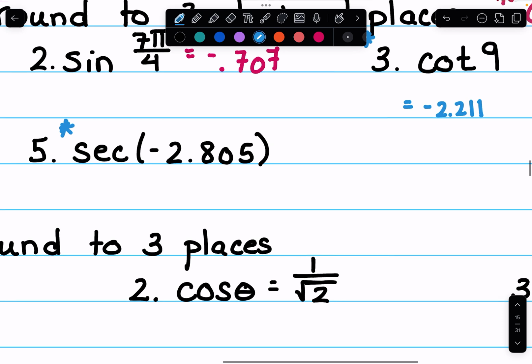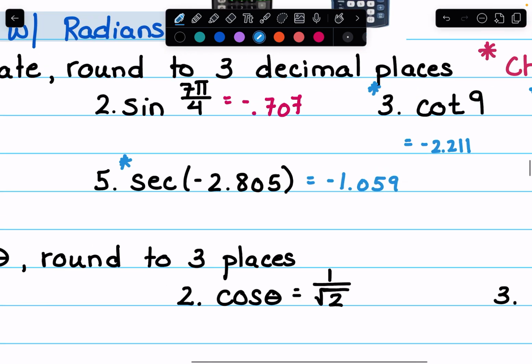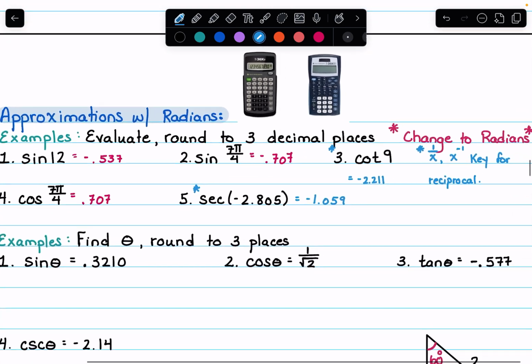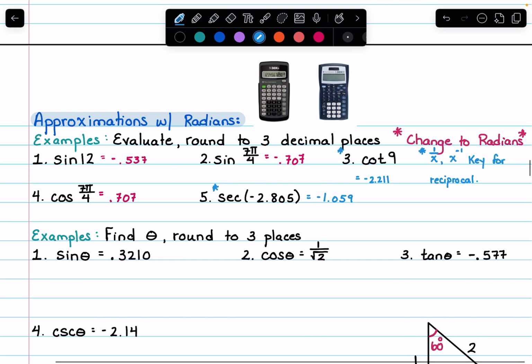So this secant one, we can do this one. The reciprocal of secant is cosine. So I'm going to do cosine of negative 2.805 and press enter. Then I'm going to hit my reciprocal key and press enter. And I get negative 1.059. Okay. Just like that.